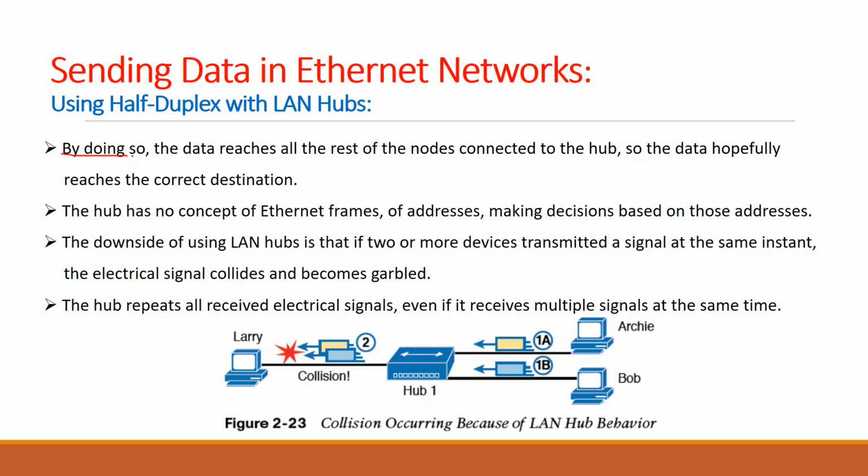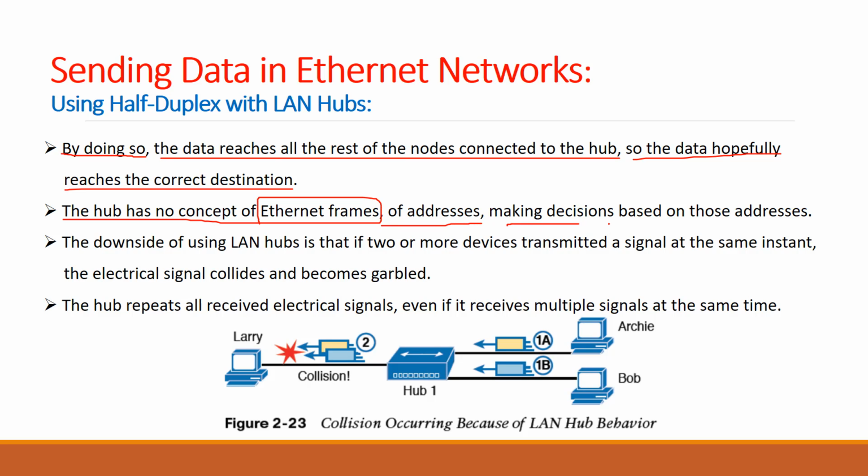By doing so, the data reaches all the rest of the nodes connected to the hub, so the data hopefully reaches the correct destination. So the hub has no concept of Ethernet frames or addresses, or making decisions based on those addresses.